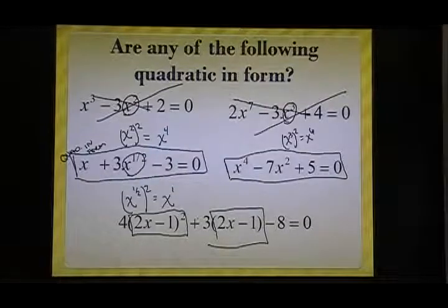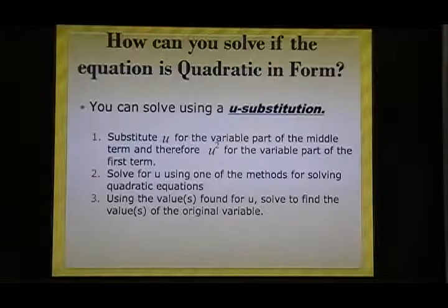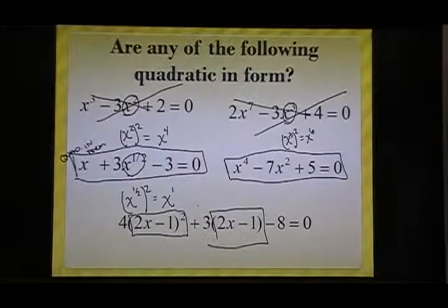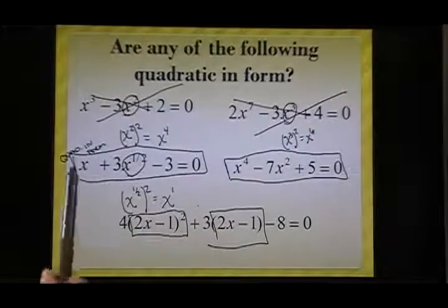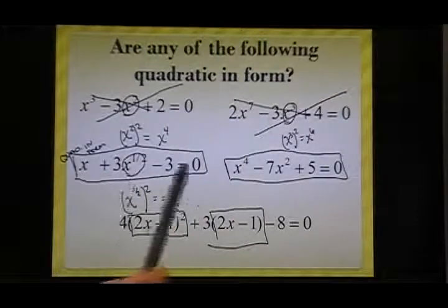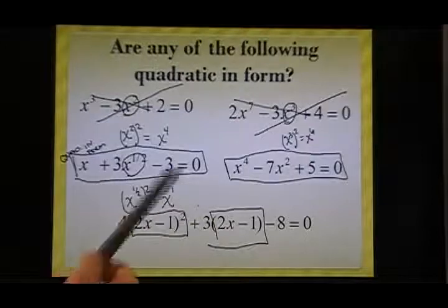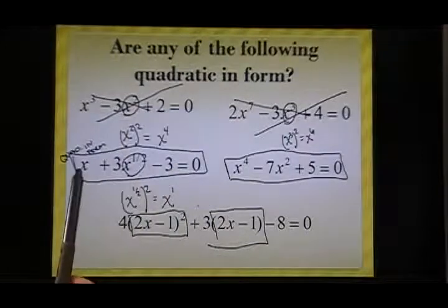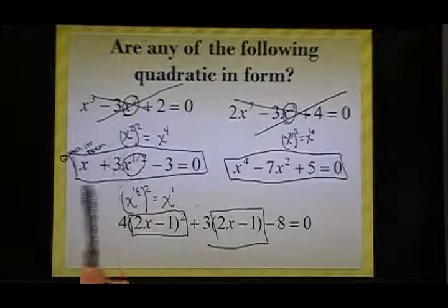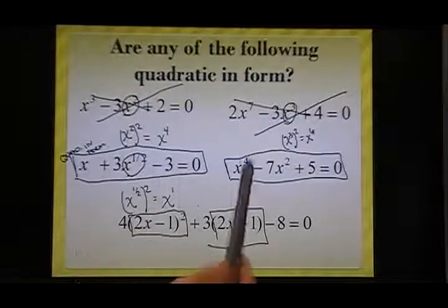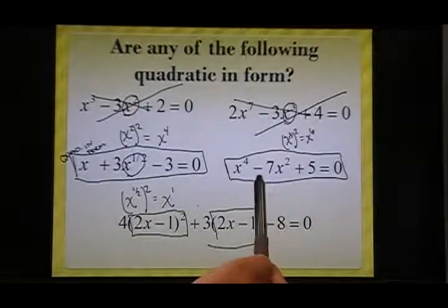And if we are dealing with equations that are quadratic in form, then we can solve them using a U-substitution. Going back a minute, at this stage we haven't learned any methods for solving an equation that looks like this.